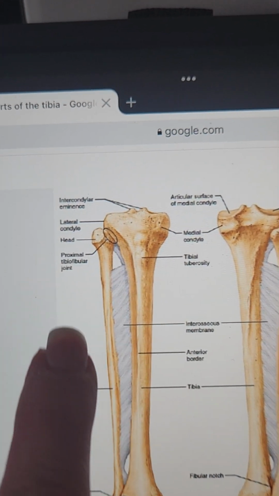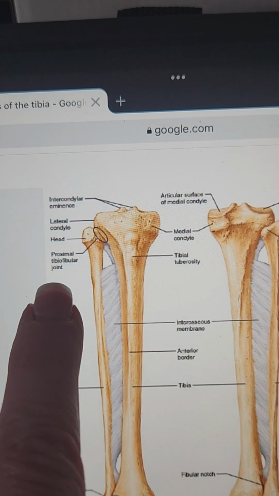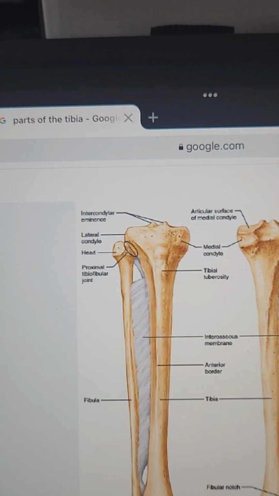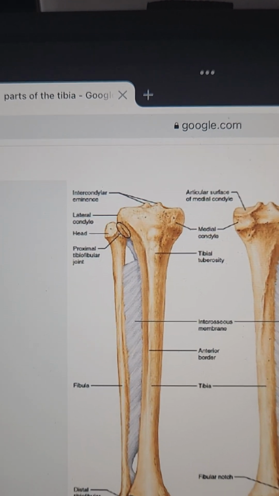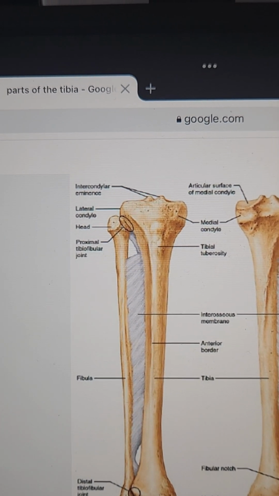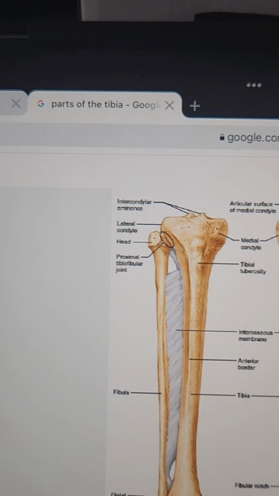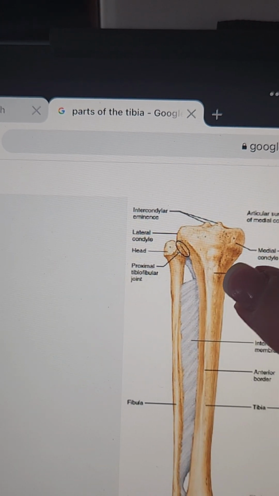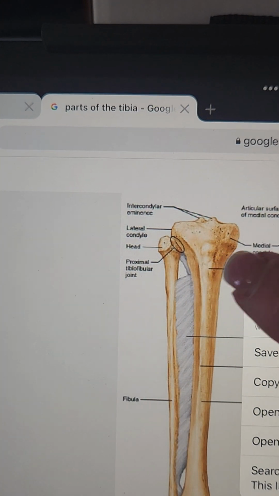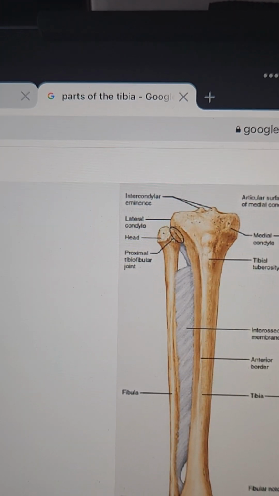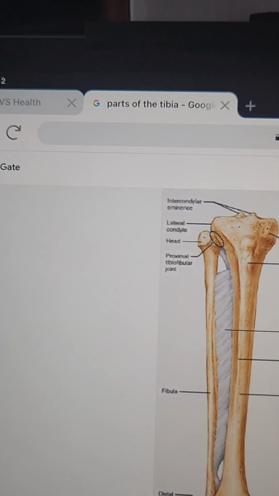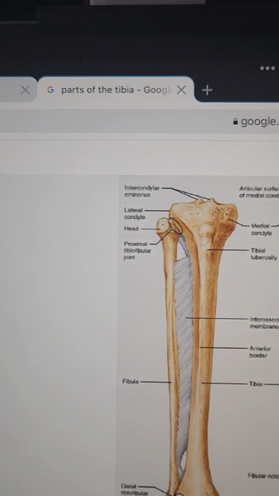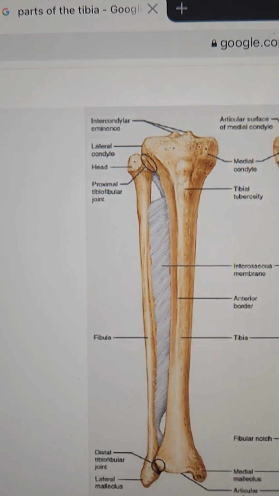We also have the proximal tibiofibular joint, which means it's the upper part of the tib-fib joint. We have a tibial tuberosity right here. You can actually feel that. If you were to palpate yourself, touch yourself there, what you're feeling, a little bump, is the tibial tuberosity.